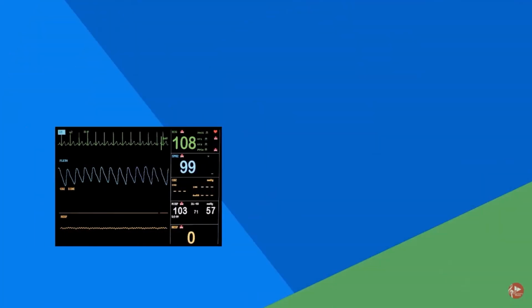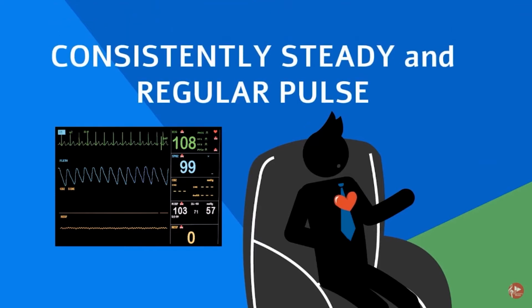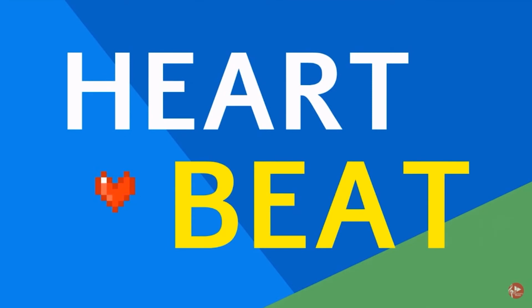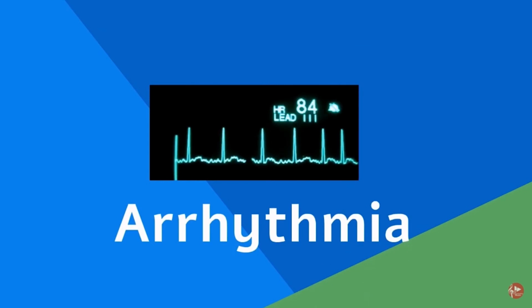If you use one of those machines to look at the heart rate of a person who is resting, you should notice that each heart palpitation occurs at a consistently steady and regular pulse. We call this a heartbeat. When a person has an irregular heart rate, it is called cardiac arrhythmia. Notice what arrhythmia sounds like.